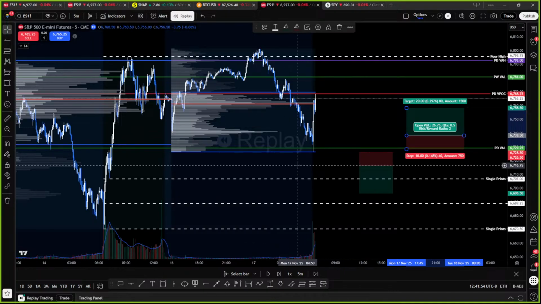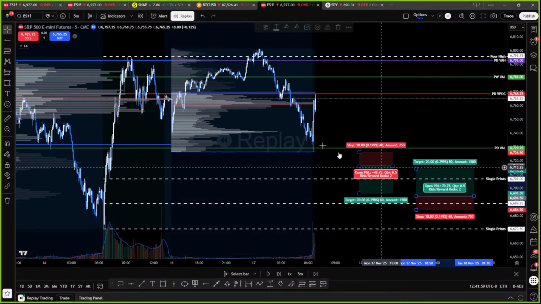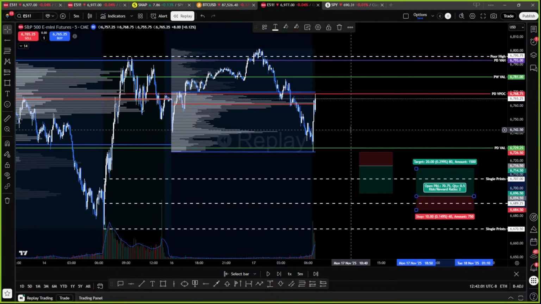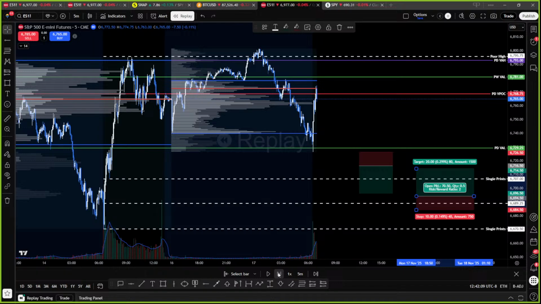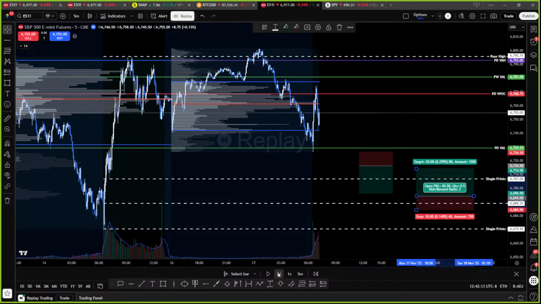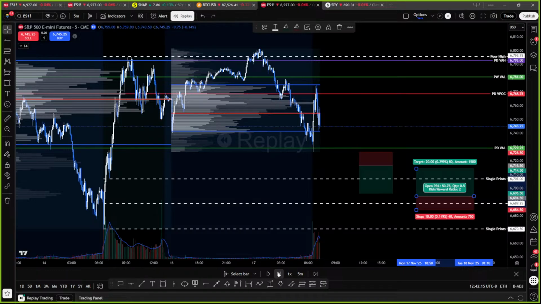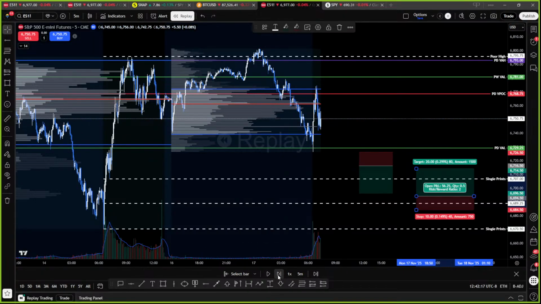That way we can keep track of everything, right? Again, this is potentially a short, but I don't take trades off of the POC, so I'm not going to consider it. It would have worked, and I honestly don't care.